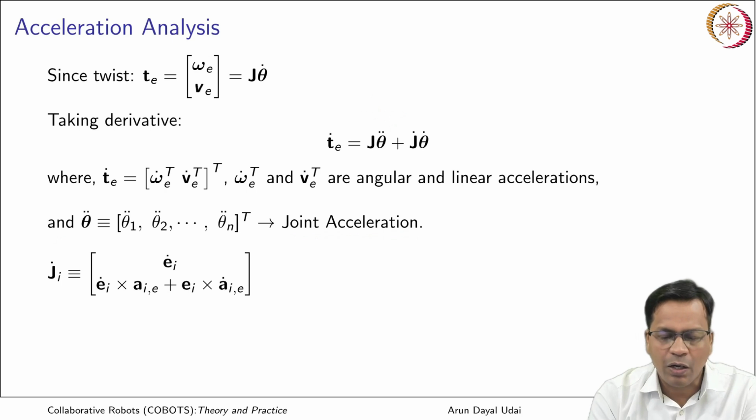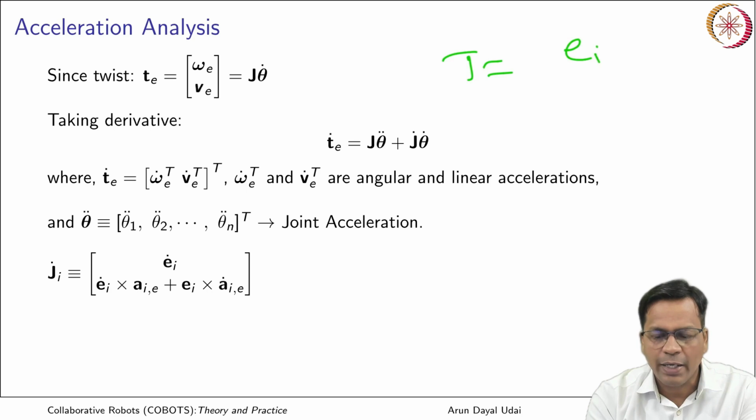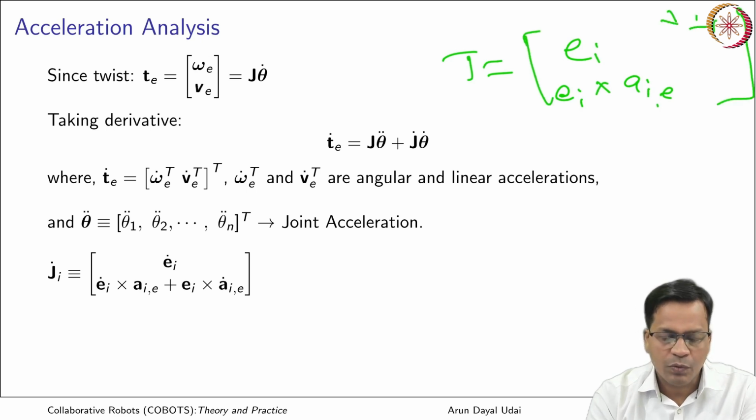Okay, Jacobian dot can be evaluated using, you already know Jacobian is equal to e_i cross a_ie. So this is what are the various columns of Jacobian. Okay, so if you take derivative, ith column will be equal to this. So first into derivative of second plus second into derivative of first.